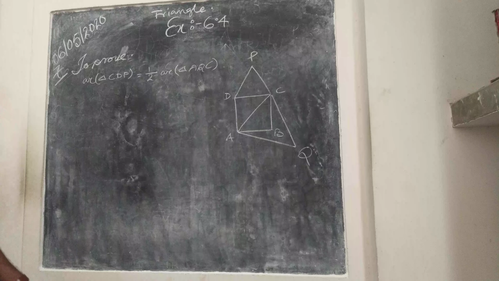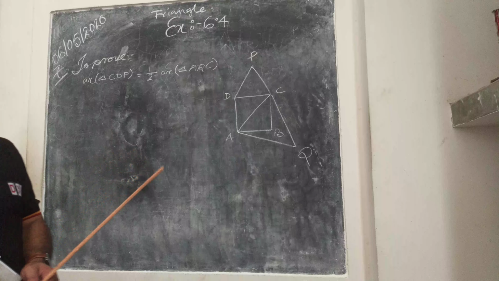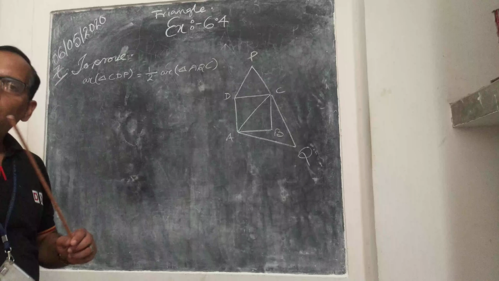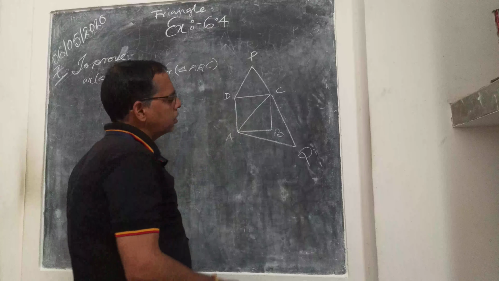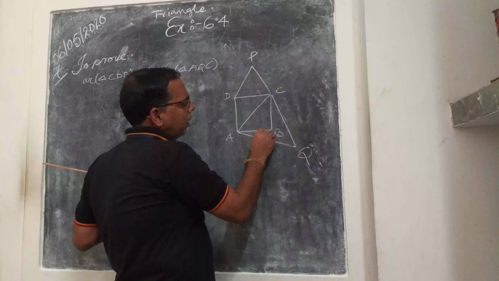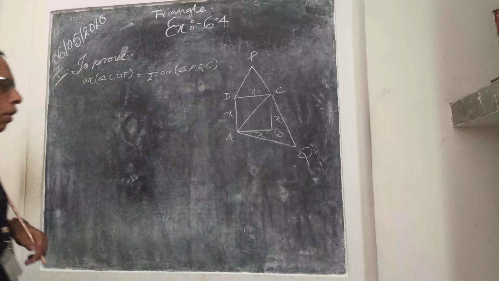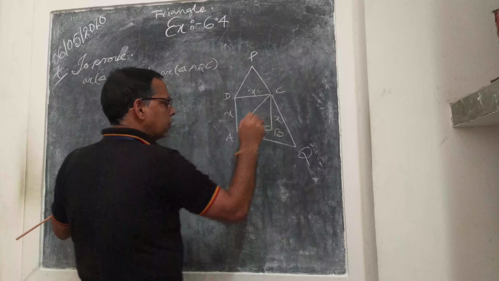Got it? Now you see the square. What is the definition of a square? All sides are equal and all angles are right angles. And if all sides are equal, suppose this is x, this is also x, this is also x, this is also x, and this is the right angle.